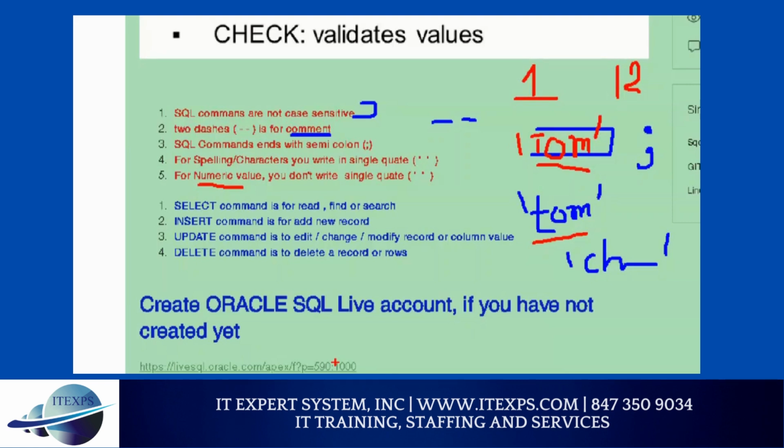Clear? So first thing, SQL commands are not case sensitive. Dash dash means comment. SQL command ends with semicolon. Clear? Spellings are always in single quotation, and numeric values do not require single quotation.